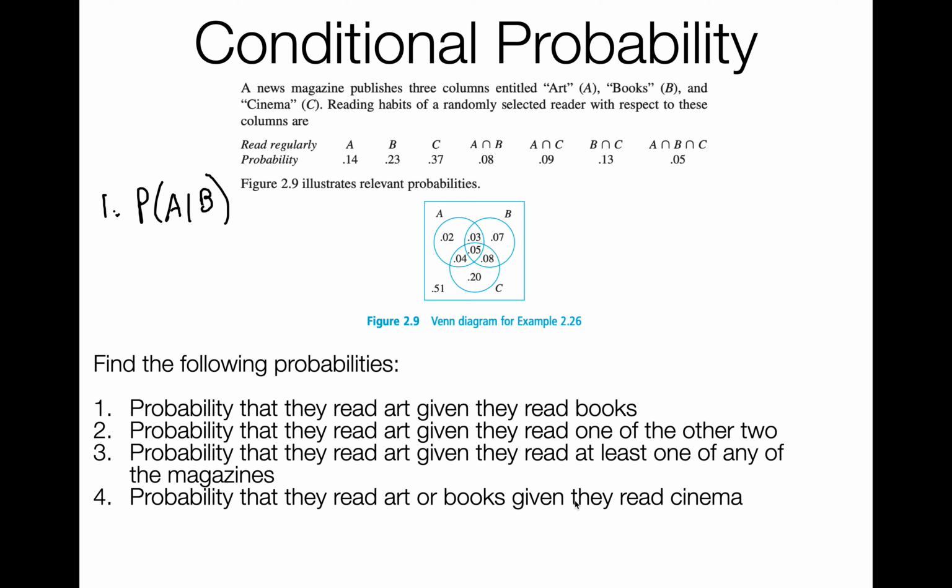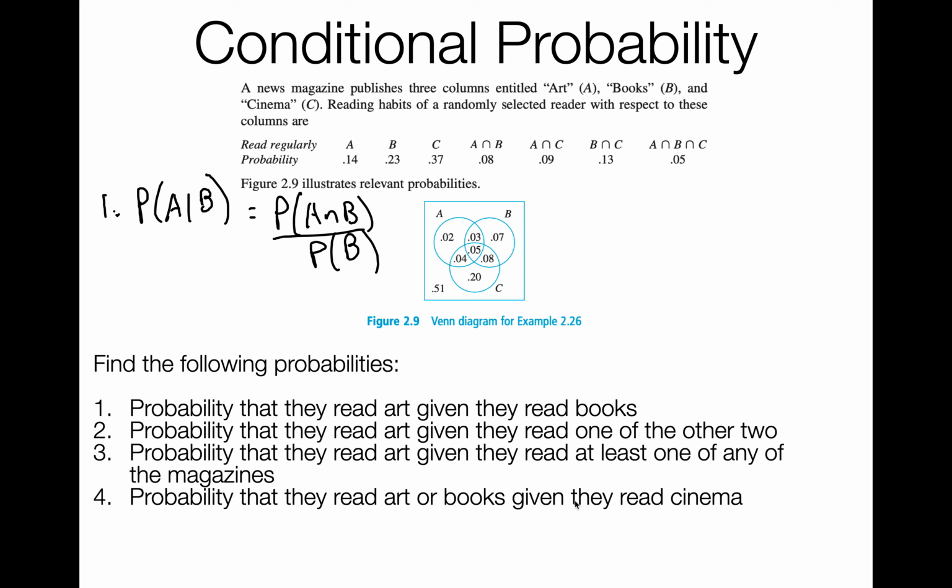Okay? So by the definition of conditional probability, we can rewrite that as the probability of the intersection, A and B, divided by the probability of the conditioning variable, B. Okay? And so this is easy because they've given us both quantities up above.